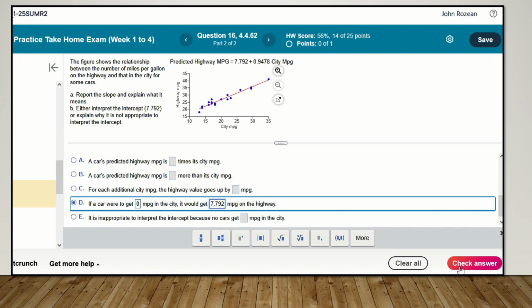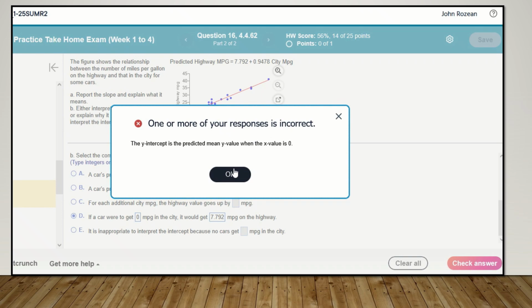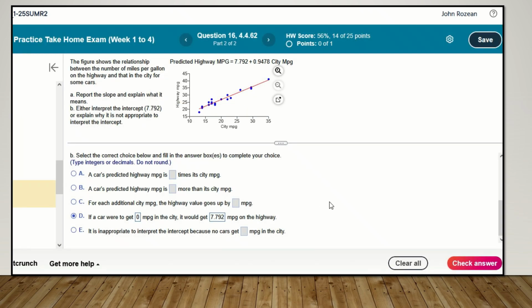That should be it. Oh, what happened here? Yeah, I don't know. This one was weird, right? So that's a good thing I went through this one again.